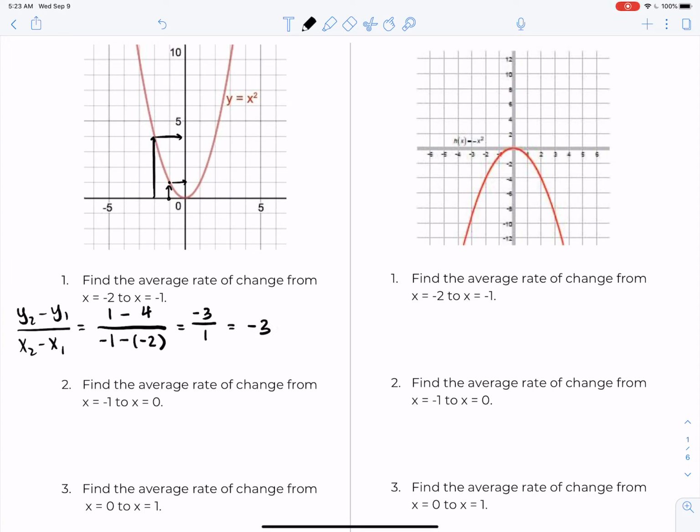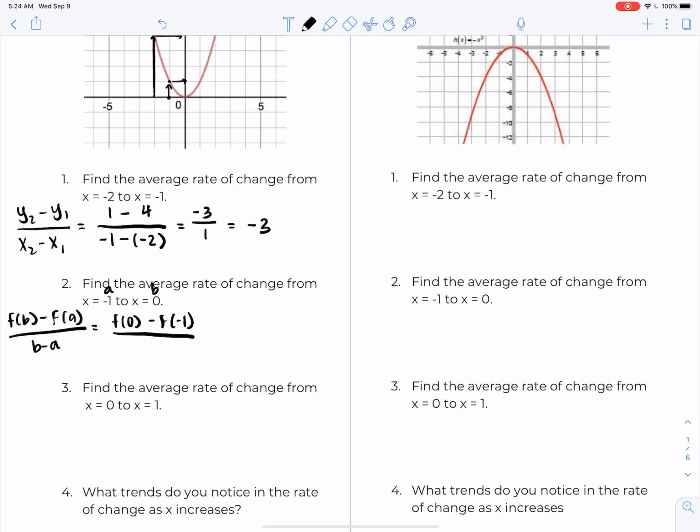And then the next question is asking us to find the average rate of change from x equals negative 1 to x equals 0. So let's see what happens there. For this one, I can do f of b minus f of a over b minus a. I'm going to say this is b and this is a. If we do this, we want f of 0 minus f of negative 1 over 0 minus negative 1. f of 0 is just going to be 0 squared, right?